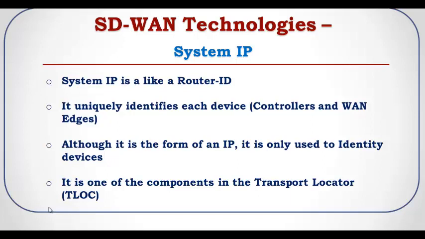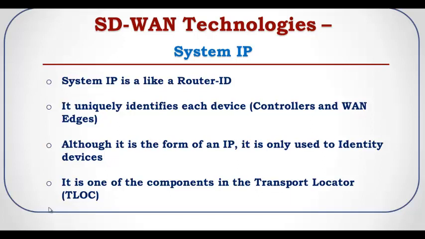It is the same as the router ID in OSPF. It uniquely identifies each device, the controllers and the WAN edge devices. Every device will have a unique IP address. It need not be a reachable address.